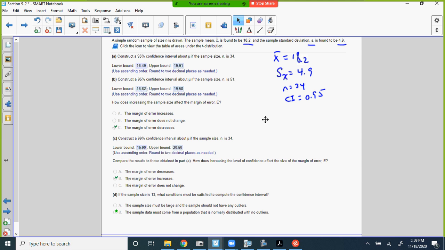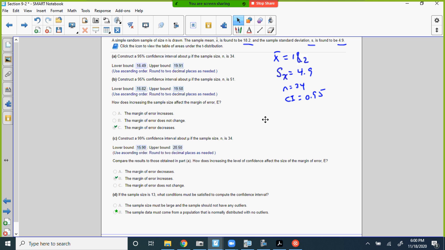On C, they said, construct a 99% confidence interval with a sample size of 34. If you do that in your calculator, you're going to keep the same 18.2 and 4.9 for the standard deviation of the sample.